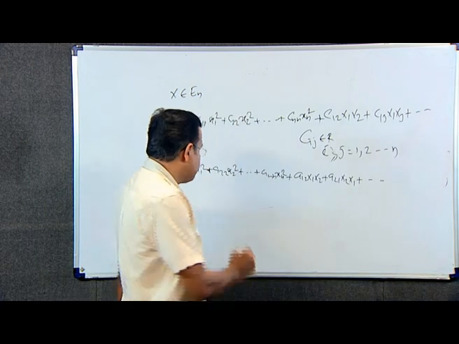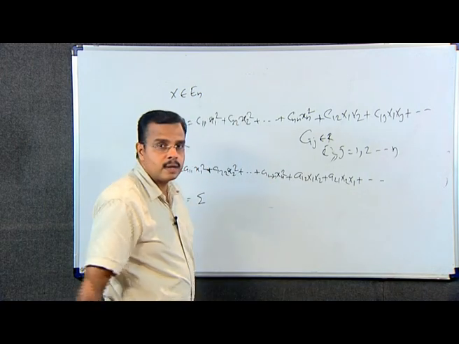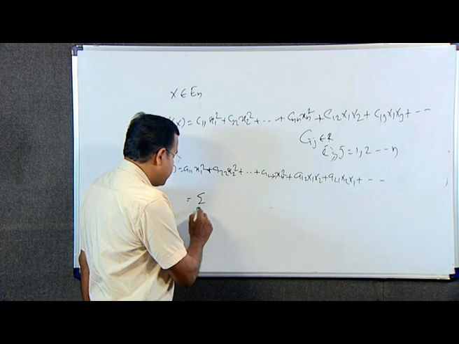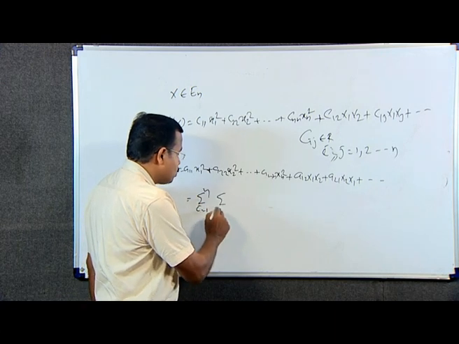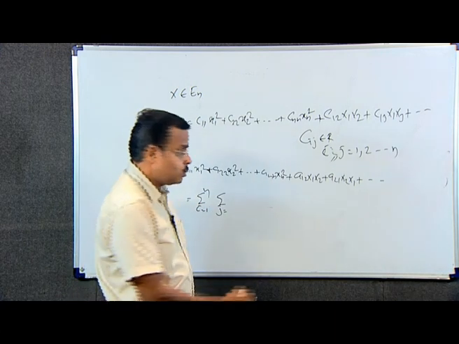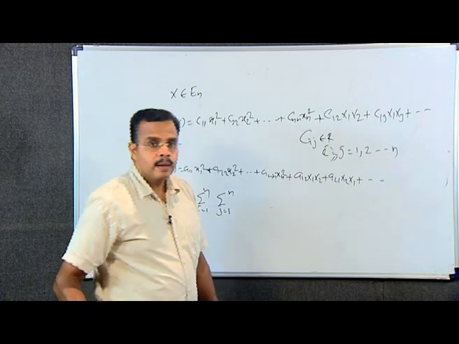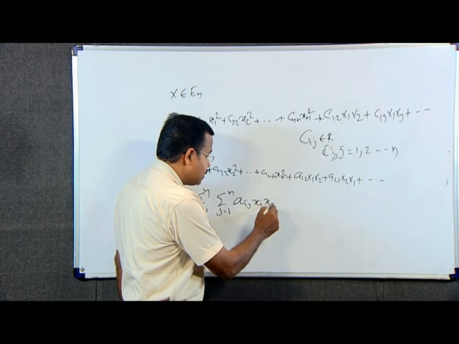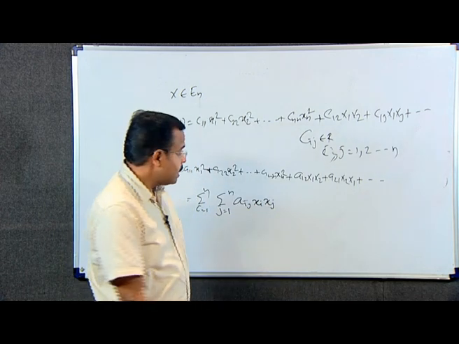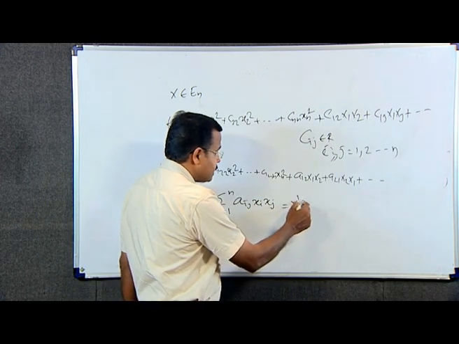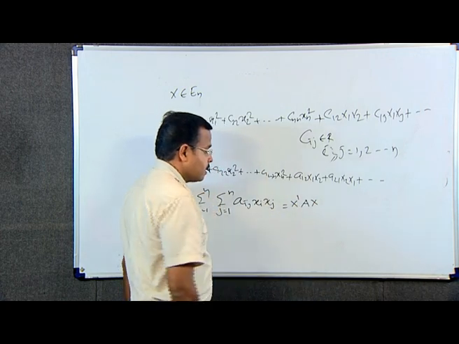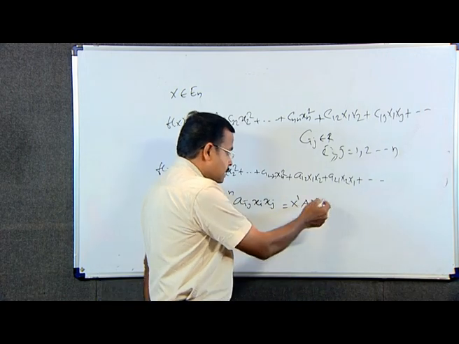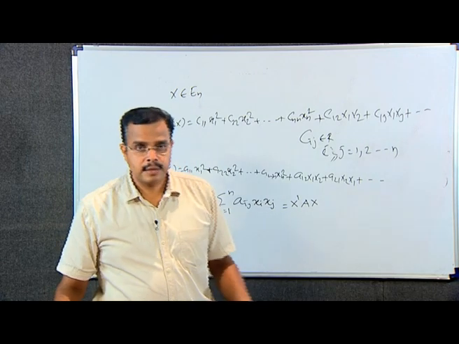That is equal to summation over i from 1 to n, again summation over j from 1 to n, aij xi xj, that can be put as X dash A X, where X and A are matrices.